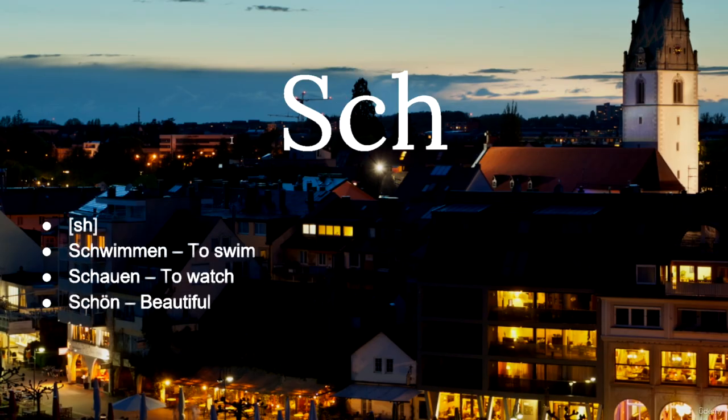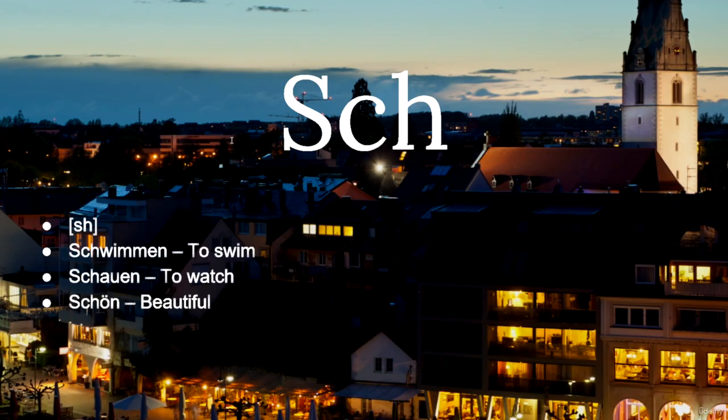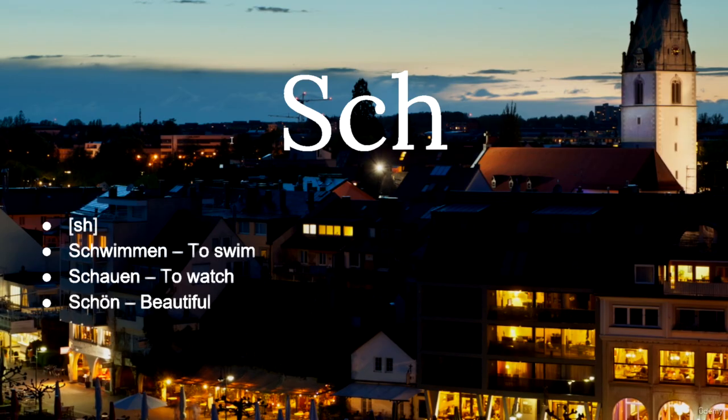Moving on to some letters that are not specifically special, but they are also important when you want to read in German. The first letter is the letter Sch. Because the German language doesn't have one letter that has the sound Sch, they have to combine 3 letters together, just like the English. But instead of combining S and H, the Germans put a C in the middle. So you have S, C, H. Together they make Sch.